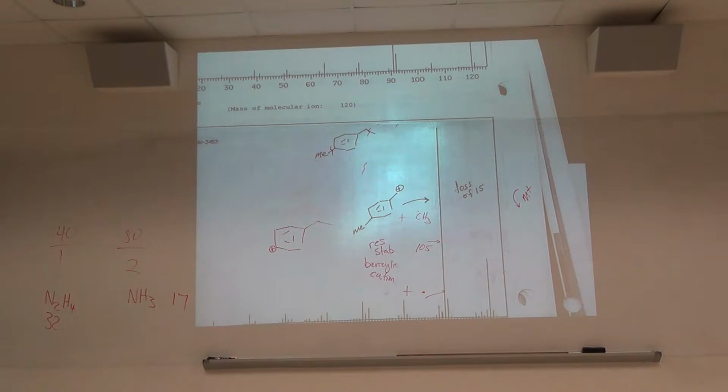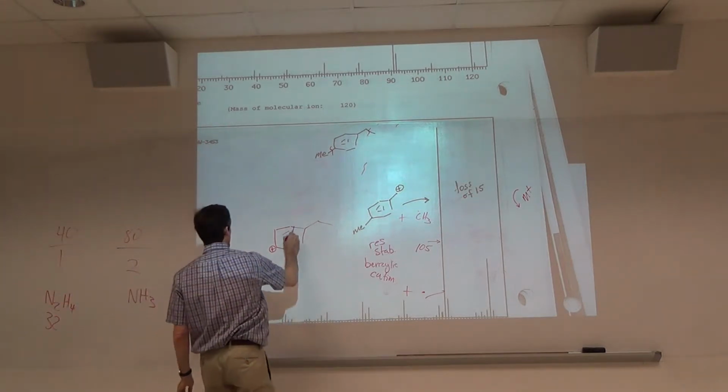Now that'd be a good structural consideration. Why is that not resonance stabilized? Basically because the carbon now has two p orbitals, but all six are like this. The new empty one is perpendicular to that. Okay, it's not part of the pi system. Okay, that's not a good cation.